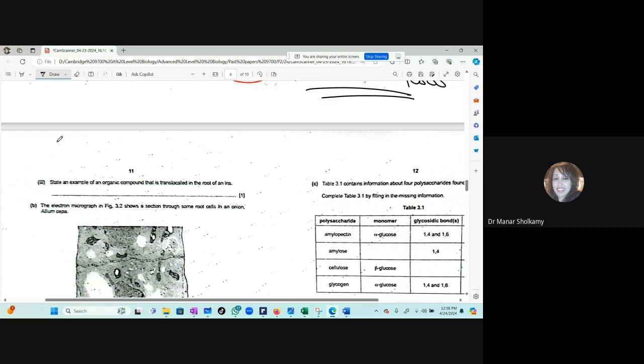Just like Farouk said, it changes the water pathway from apoplastic to symplastic. Two, it provides protection. It prevents pathogens from reaching the central vascular bundle, the phloem. Three, it also prevents the loss of water. You can write that: prevent water loss. I recommend that this is an important question, so please pay attention to it.